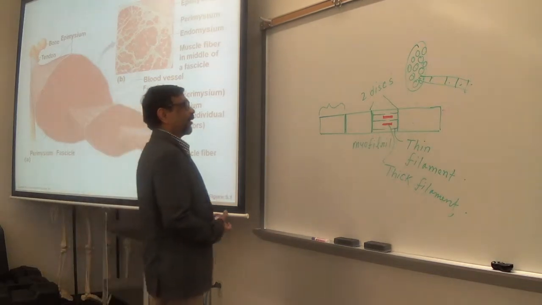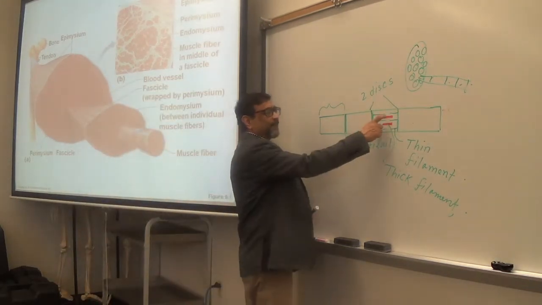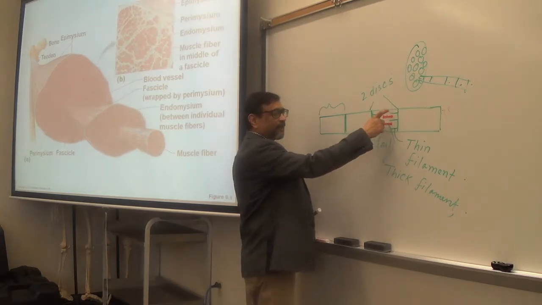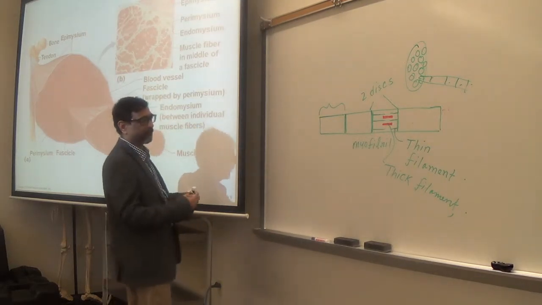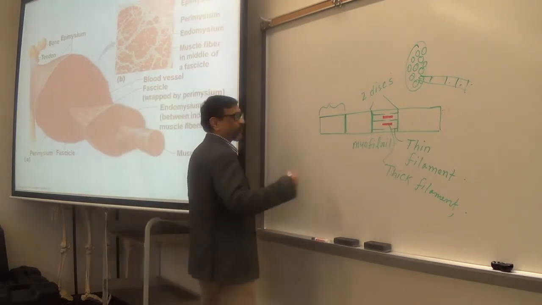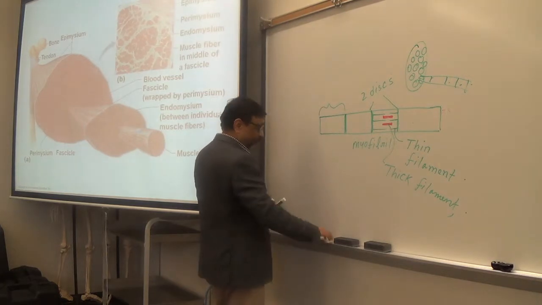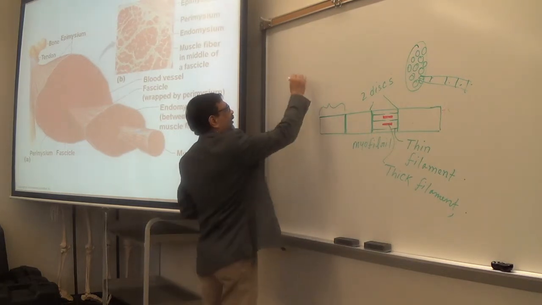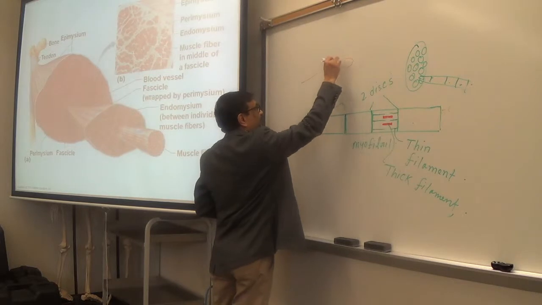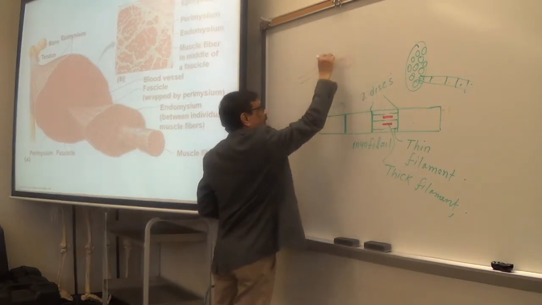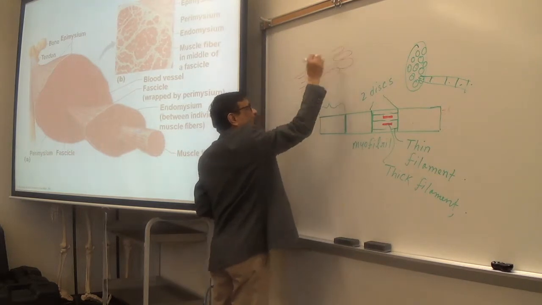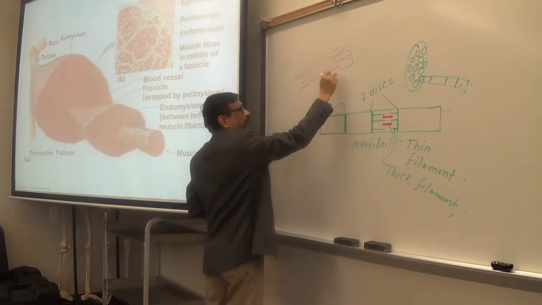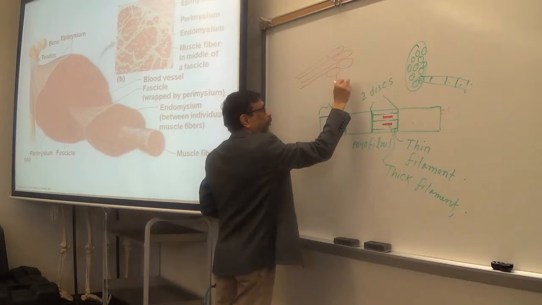We'll see how a thick and thin filament look like under electron microscope. Very powerful. It will magnify many times. Okay. So first, let's see the thick filament. Thick filament is formed by many myosin. So these are called myosin.